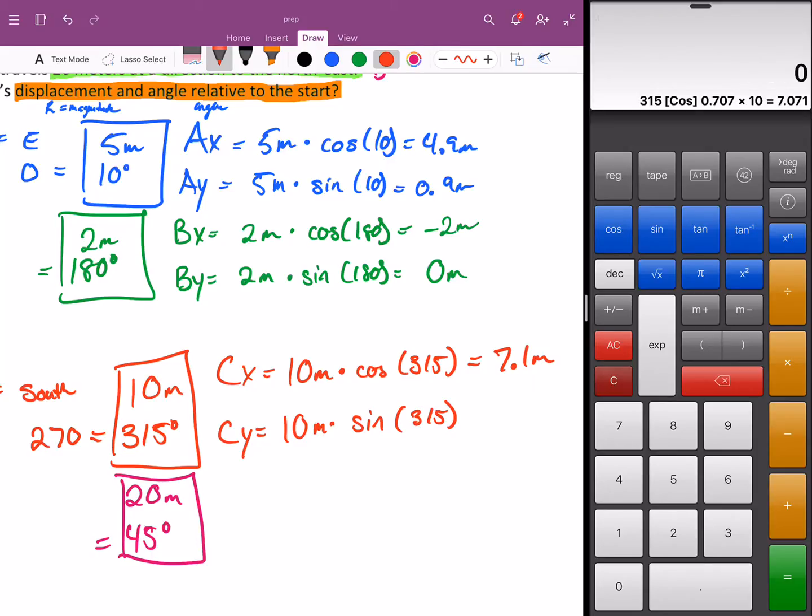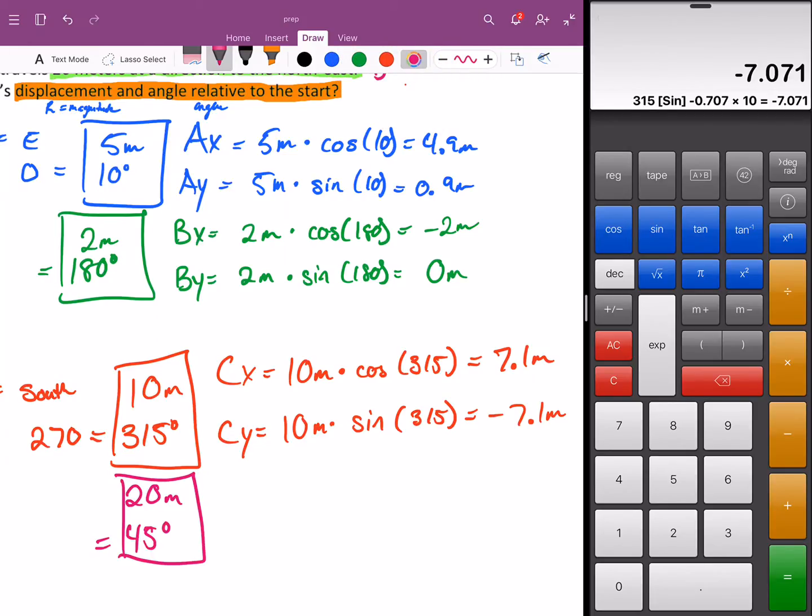Then 315 sine of 10. I'm sorry, 10 is 10 meters. Negative 7.1 meters.